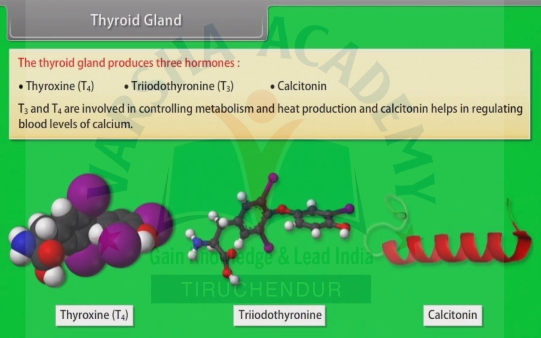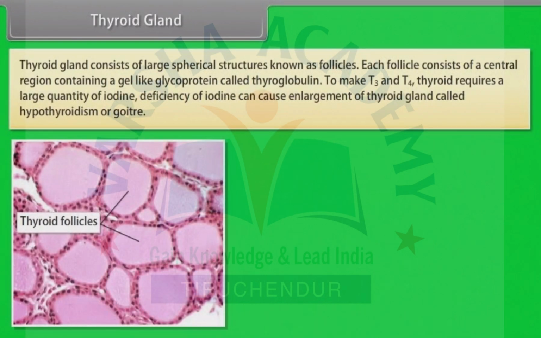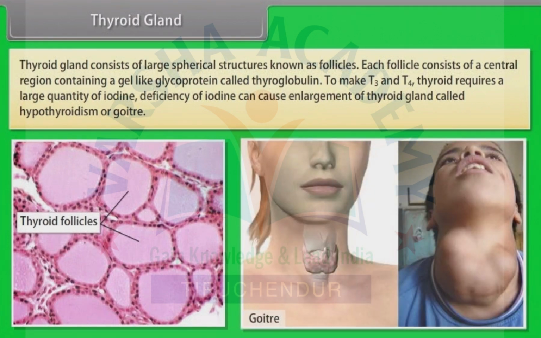Thyroid gland consists of large spherical structures known as follicles. Each follicle consists of a central region containing a gel-like glycoprotein called thyroglobulin. To make T3 and T4, the thyroid requires a large quantity of iodine.